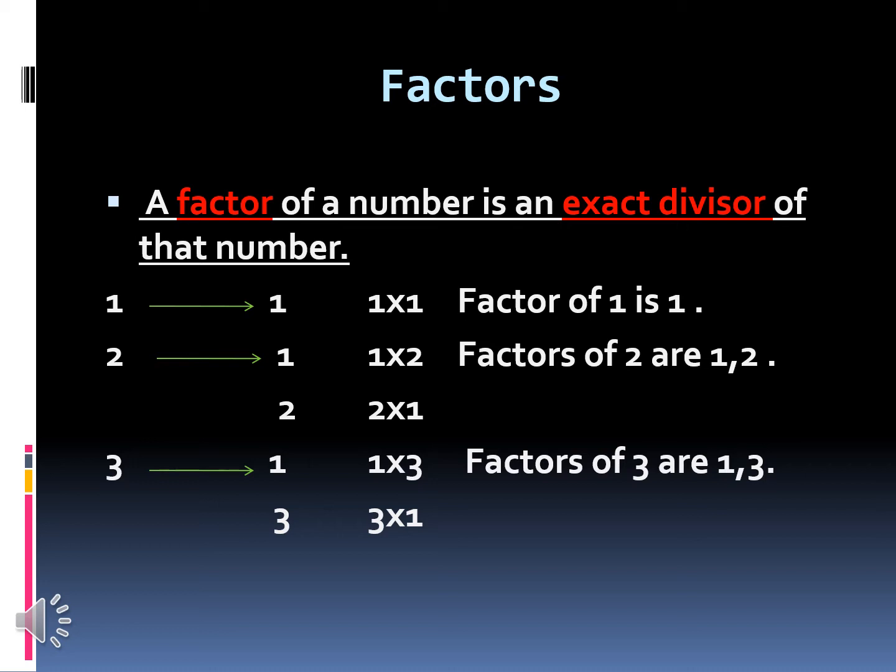For example, 3. 3 comes in table of 1 and 3. 1 3s are 3 and 3 1s are 3. None other number, right? So factors of 3 are 1 and 3. So 1 and 3 exactly divides 3.